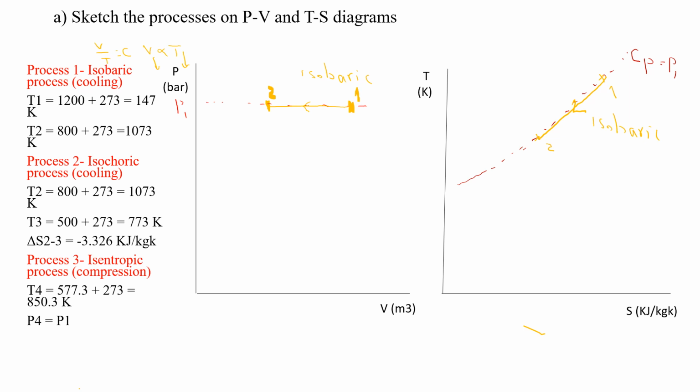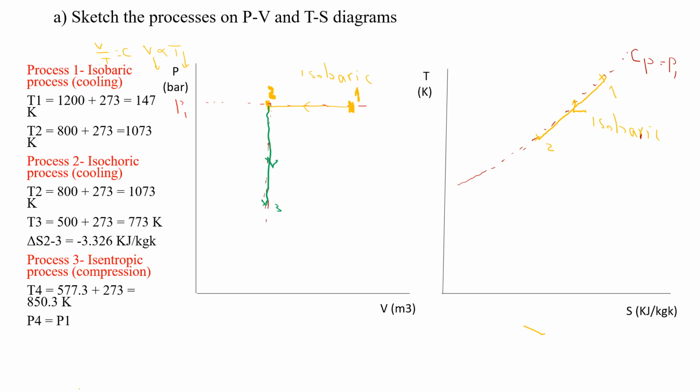So now we go to the second process, which is isochoric process. So isochoric process, that means constant volume. So from 2 we just make a vertical dotted line which shows a constant volume. So over here, from state 2 to state 3, we draw the path of the isochoric process.